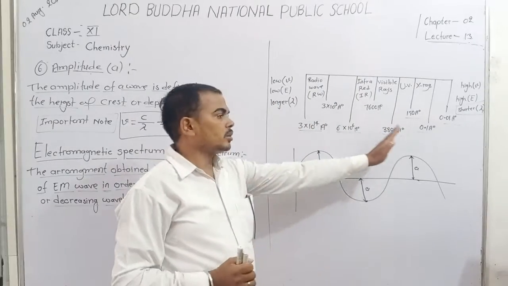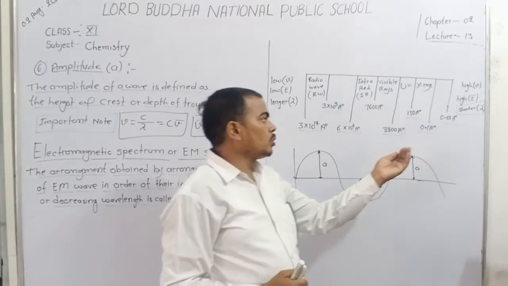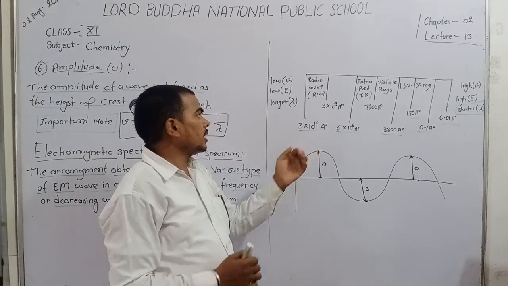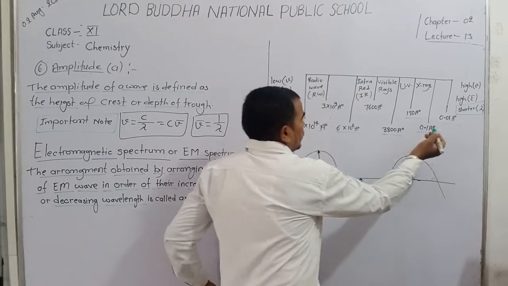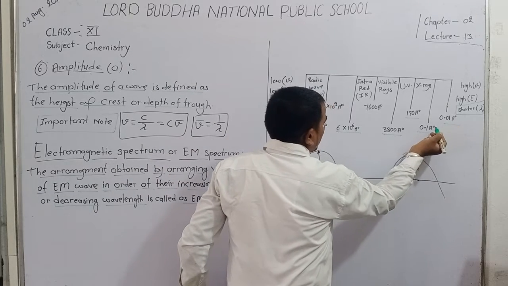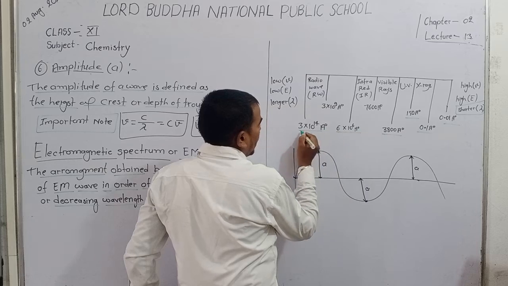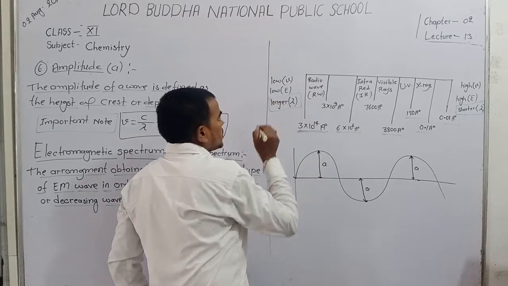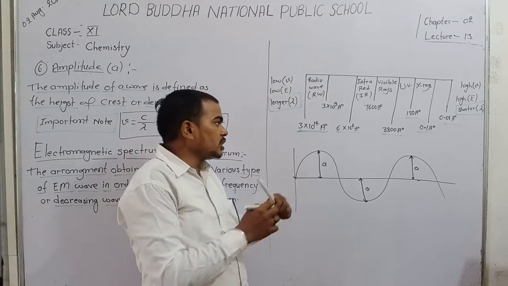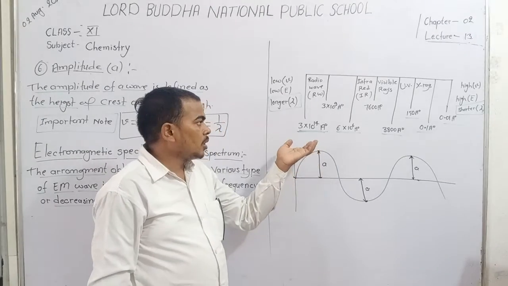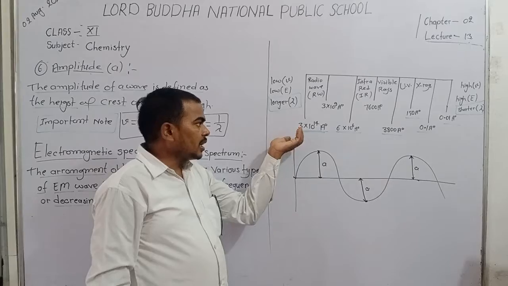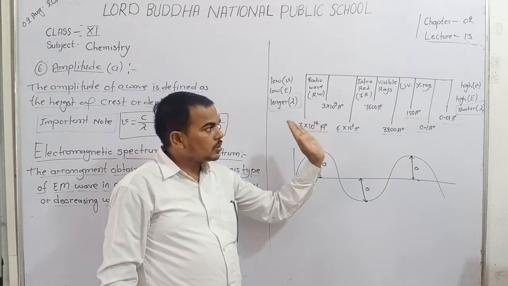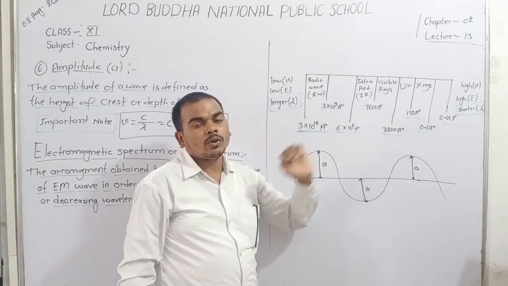But when you come from right to left, the wavelength in angstrom increases. So in this spectrum, the wavelength on the left is longer, whereas the wavelength on the right is shorter.